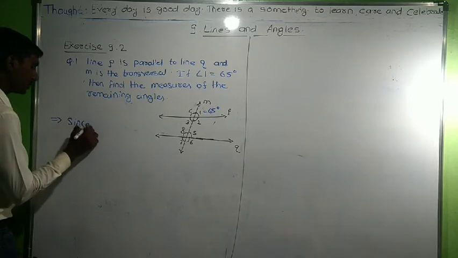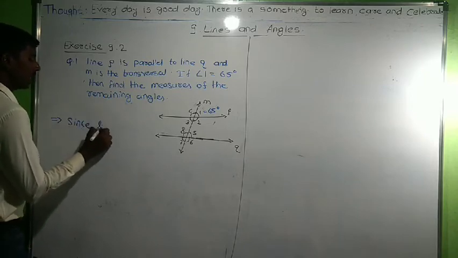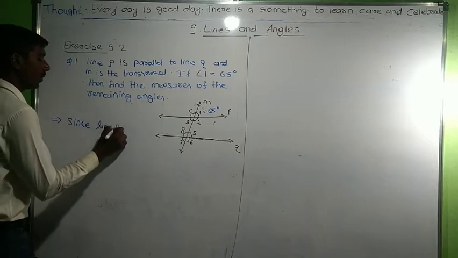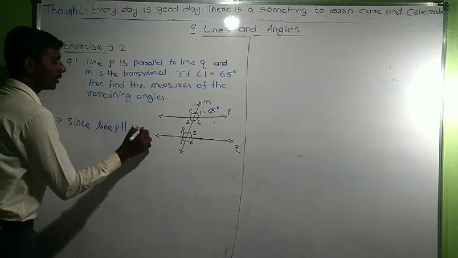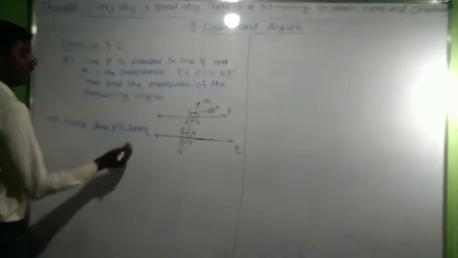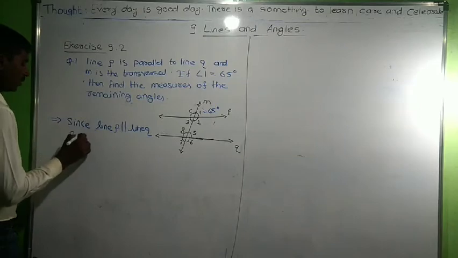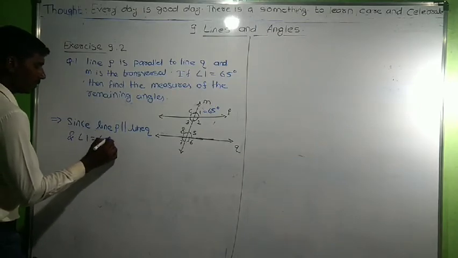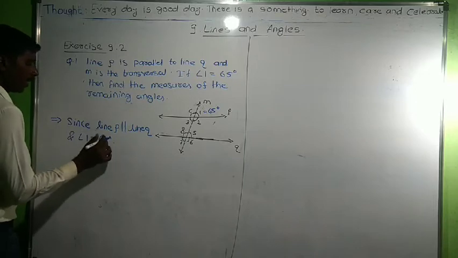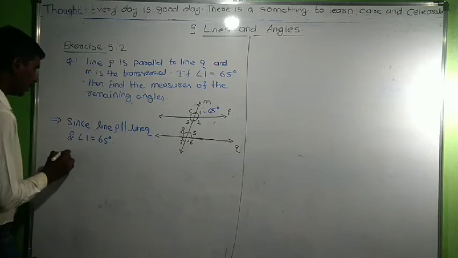Since line P is parallel to line Q, and angle 1 is equal to 65 degrees, I am directly writing the answers and giving the reasons next.